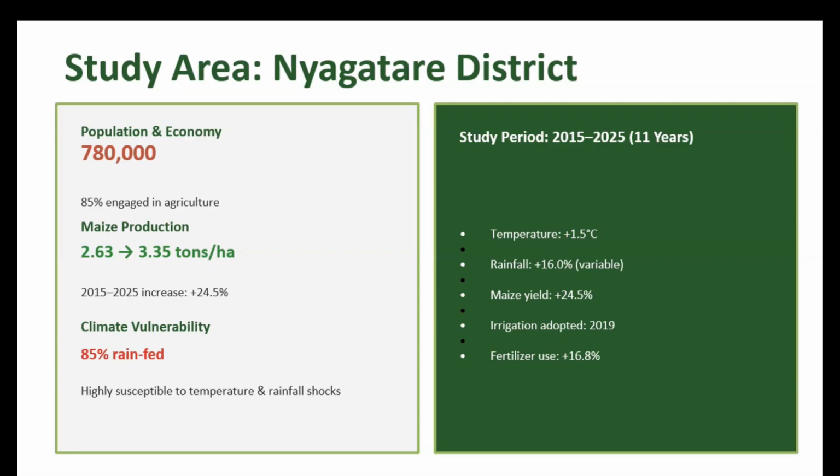Case study. Is it he or her? She, okay. How her study area was very good, population size for that district, the maize products per hectare, and then the climate vulnerability. Here, she's wrong, I think. 80%. No. In Nyagatare, it's impossible.